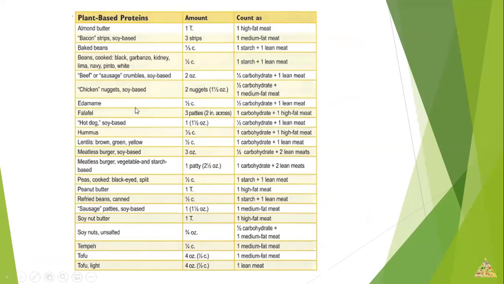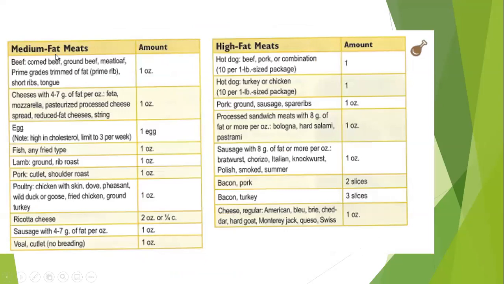But here, if you use plant-based, remember some of them are meat plus a starch or a carb. So you would count that a little bit different. So here's some medium fat meats. Cheeses, egg, fish, any fried type, sausage.